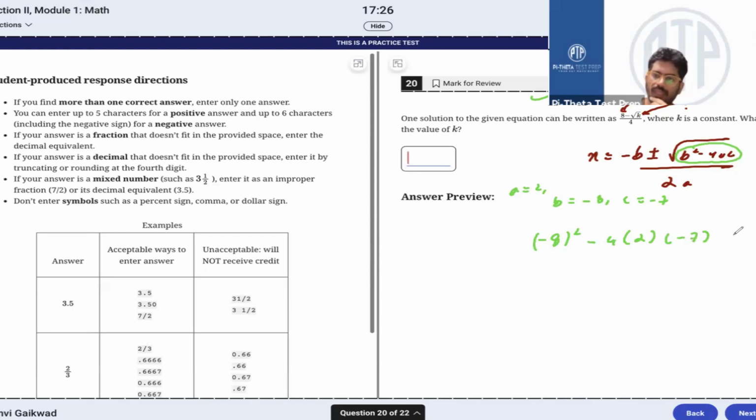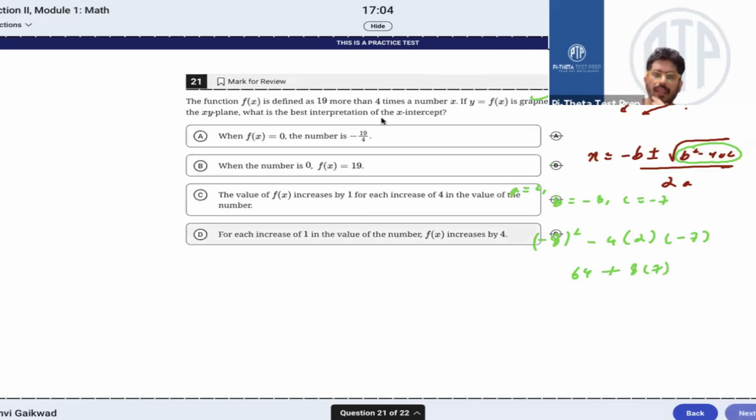How much will it be? This will become 64 and minus 4 into 2 into negative 7, that is plus 8 into 7. Hope this idea is clear. So that will become 56, so that will become 120. You can just use the calculator here and get it solved.